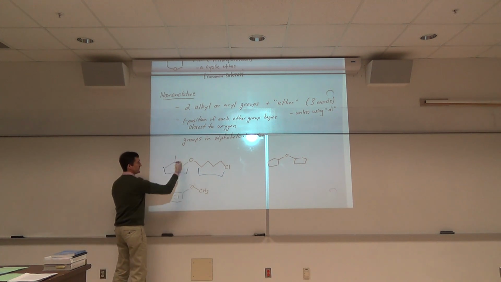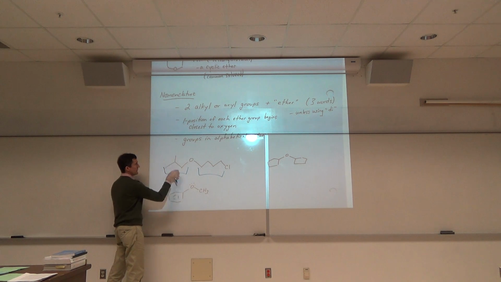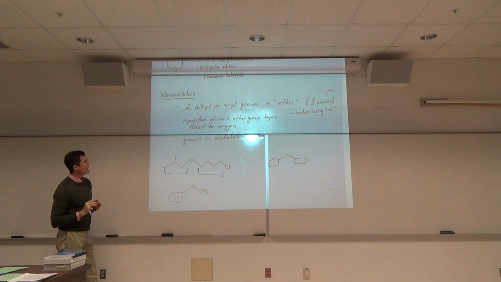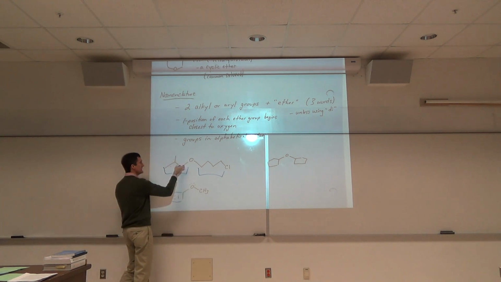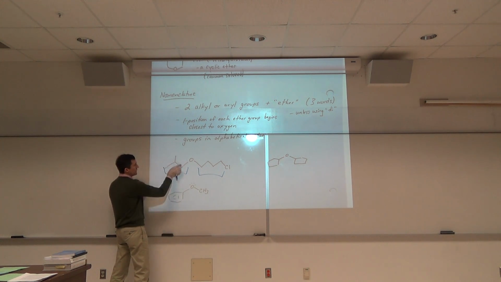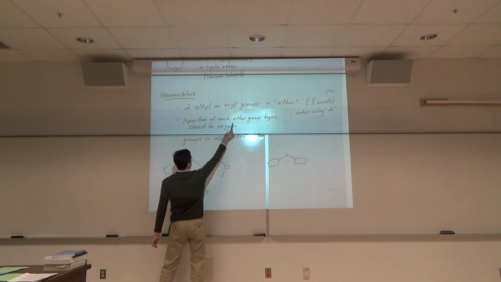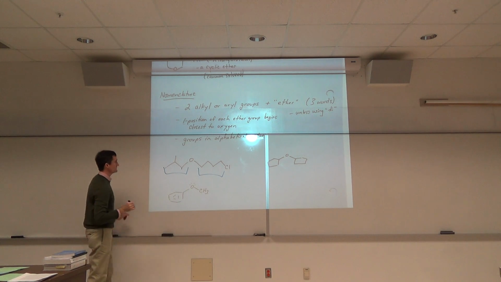Well, what is this group over here? Let's say 1, 2, 3. How do you do this? Well, you could use a common name, but we're going to do everything IUPAC. Longest continuous chain. Each one is sort of its own independent thing. Longest continuous chain, the 1 position is always connected to the oxygen. That's what it says right here. Closest to the oxygen.